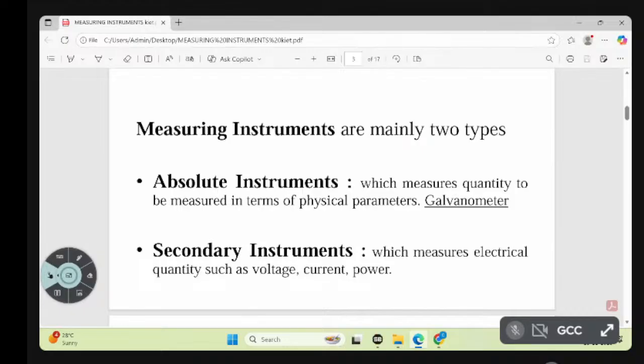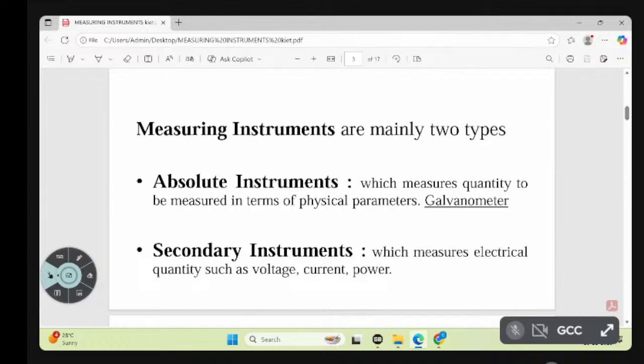That is recording. So indicating instruments are used in labs. Recording meters are available wherever we are required to note down the value every minute, for example in a generating station.